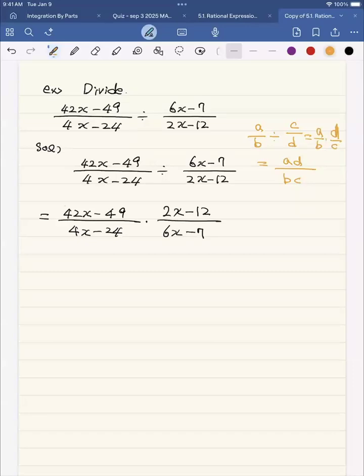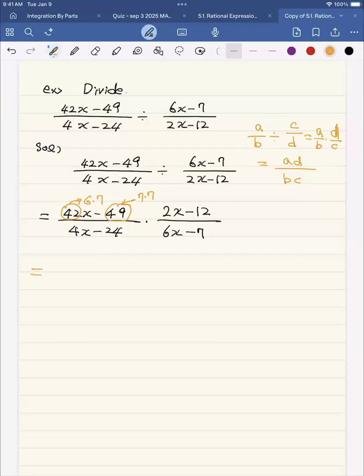Here the numerator 42 is 6 times 7. 49 is 7 times 7. So 7 is the common factor.